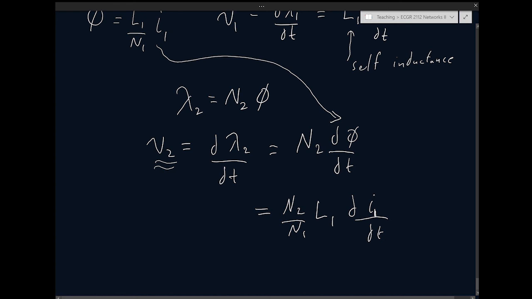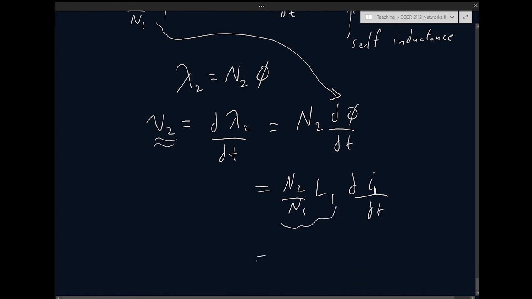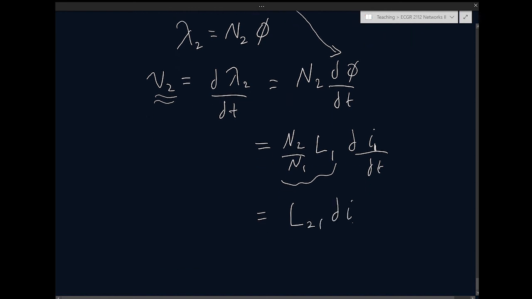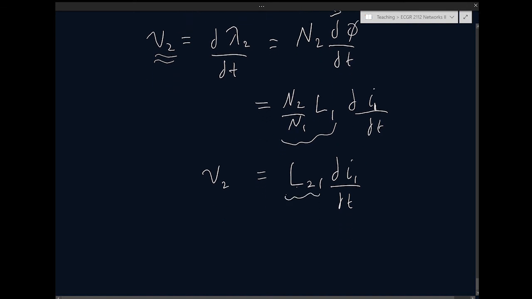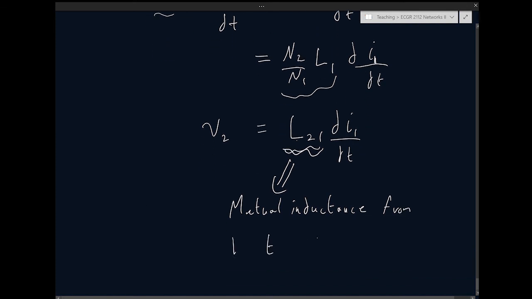Notice here that there's a voltage in the secondary circuit due to a current in the first circuit. This constant here is what we call the mutual inductance. So this is L21, and this is giving me the voltage in circuit 2 due to the current in circuit 1. So this is called the mutual inductance from 1 to 2.